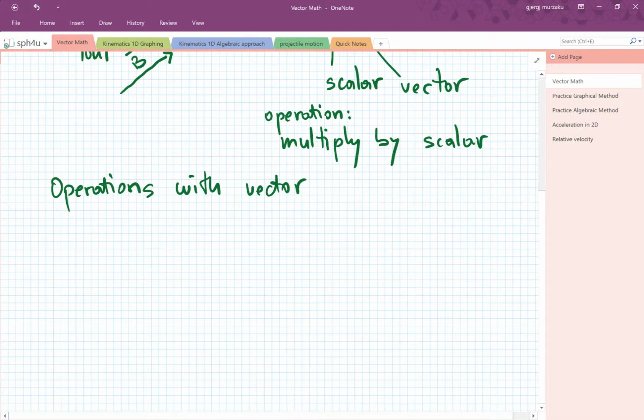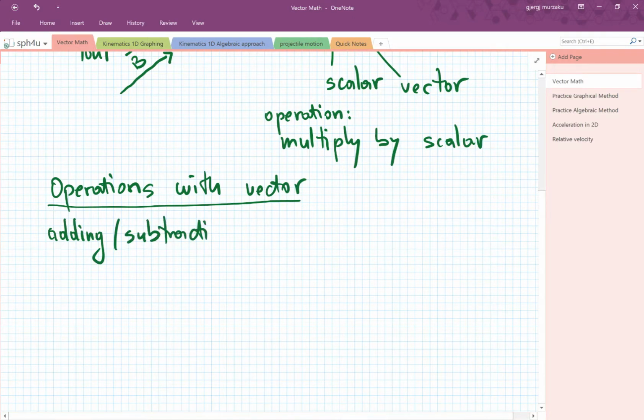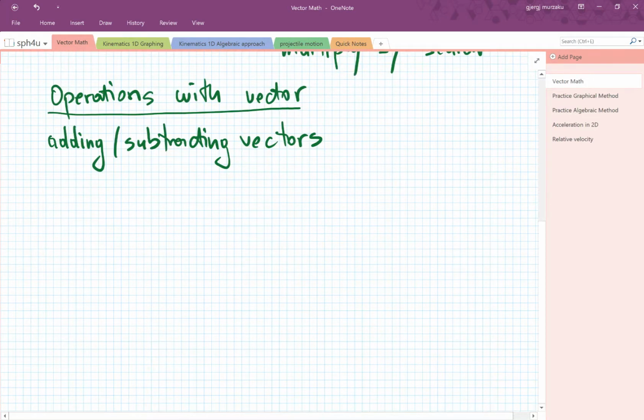So operations with vectors, the first one we already established. There is another one, which we're going to use in this course a lot, and that is adding and subtracting vectors.